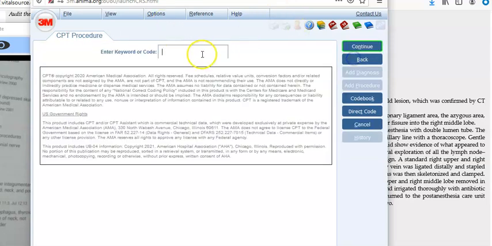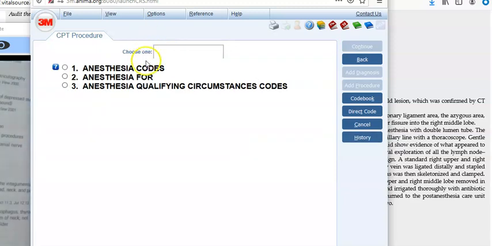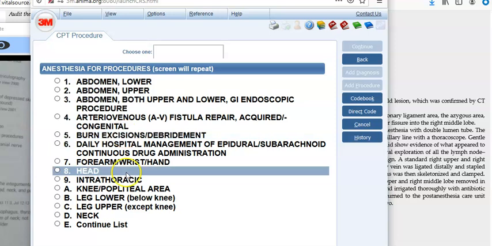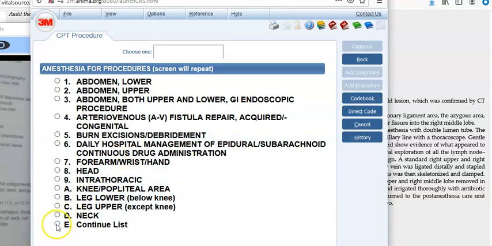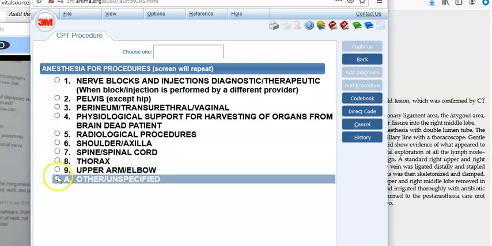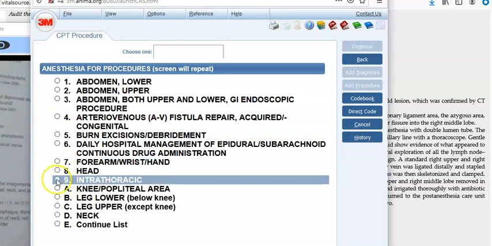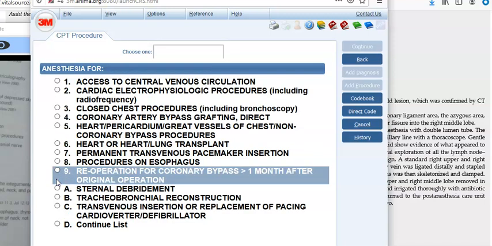We can add procedure, and we want to add anesthesia and then anesthesia codes for, and again, remember it's by anatomical area. So ours is intrathoracic right there, number 9.